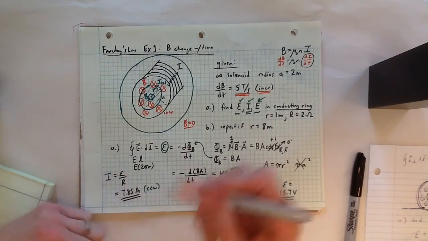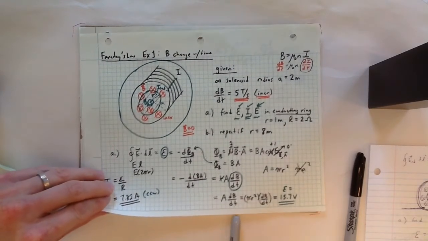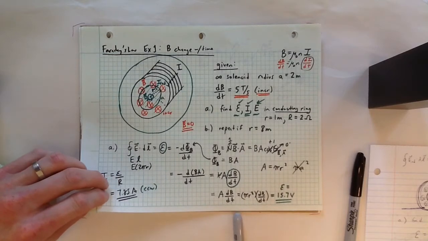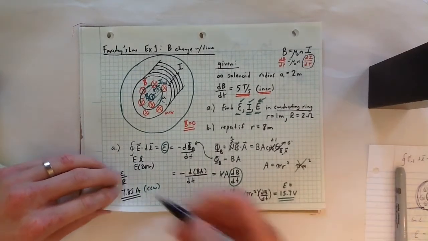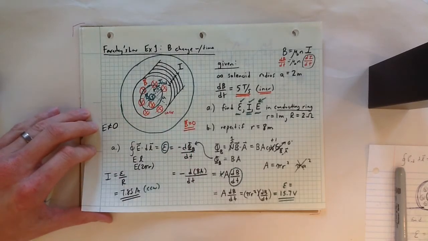Just because the magnetic field is zero out here does not mean that the induced electric field isn't going to be out there still. So we will still have an electric field out here that isn't zero.